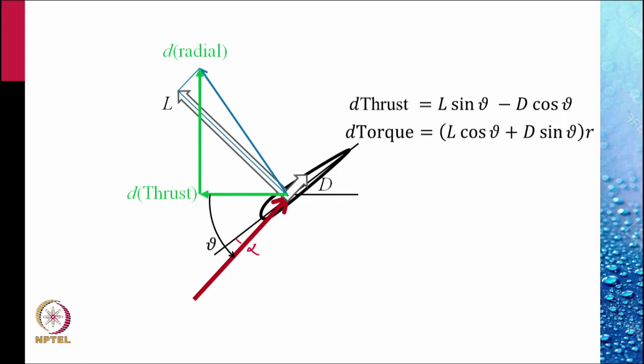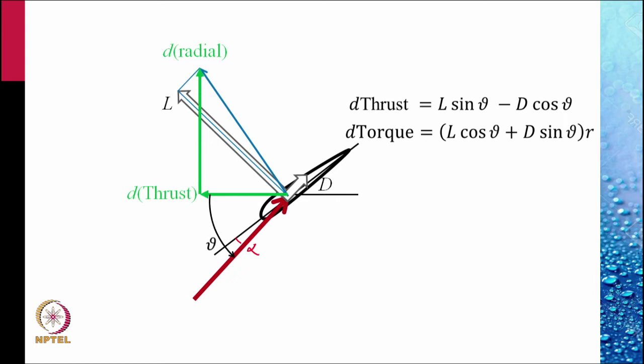The total thrust and the total torque are obtained by integrating this elemental thrust and elemental torque over the entire R from the root to the tip of the rotor blades.